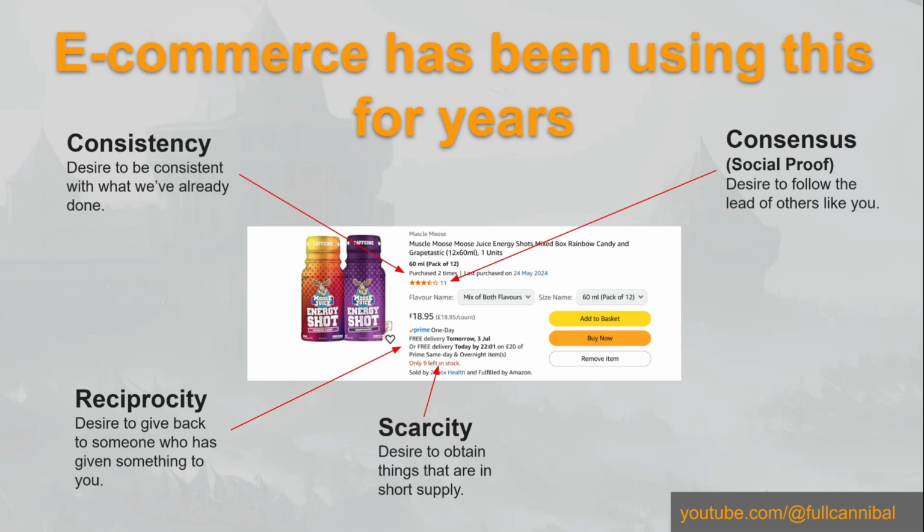You've got reciprocity: I'm giving, you're going to get free shipping, free delivery by tomorrow. And then you get scarcity: oh, there's only 9 left in stock, I better get this. So this shows you how all of this stuff is put in front of you to get you to do something.